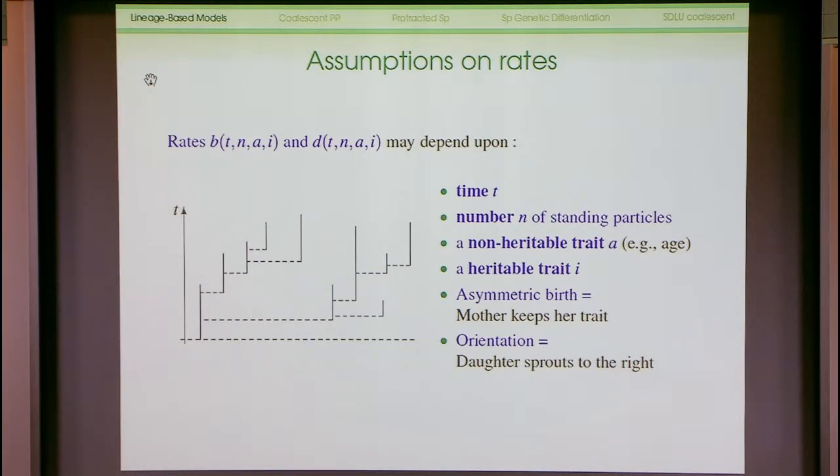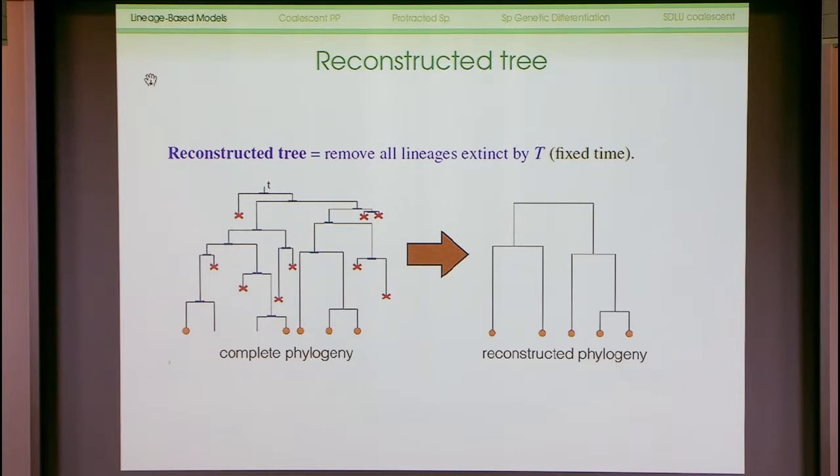It may depend on a non-heritable trait like age, on a heritable trait, and here we will assume that when there is dependence on a trait, we have asymmetric birth in the sense that the mother keeps her trait, and the process of the trait evolving through time is not disturbed by the birth. And we will assume that these trees are oriented in the sense that the daughter always sprouts to the right of the mother. So here now, the last slide where time flows downwards.